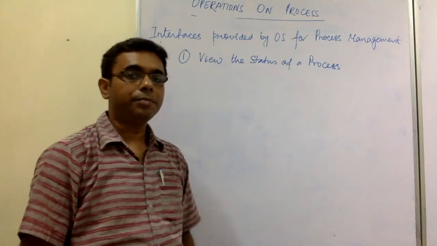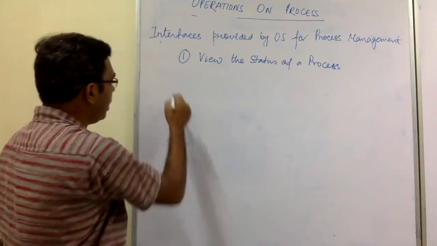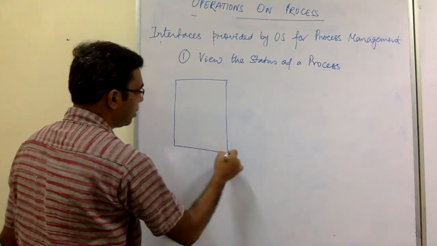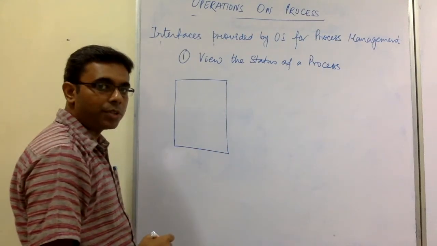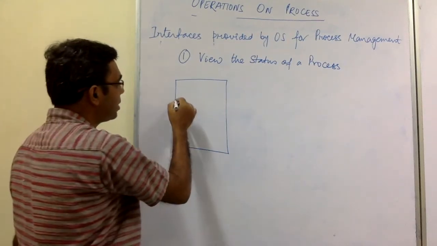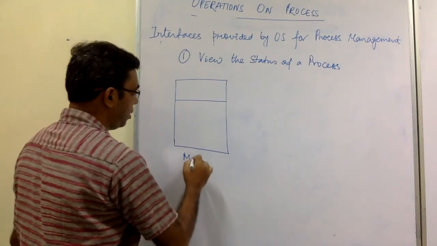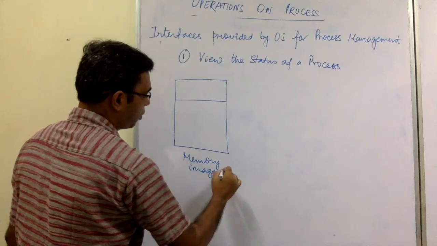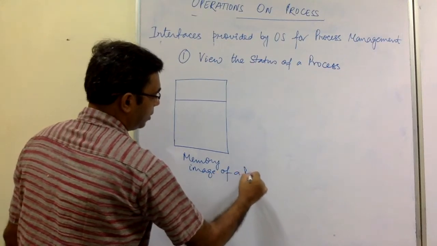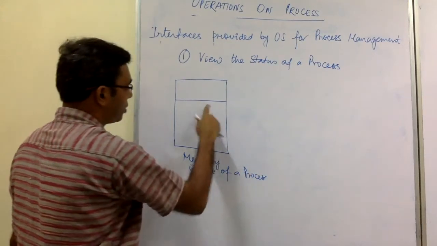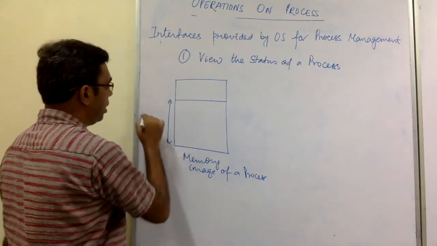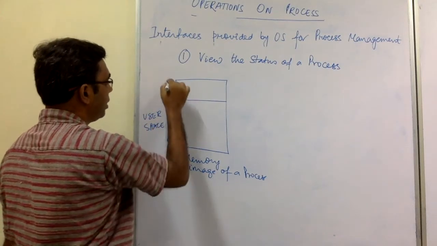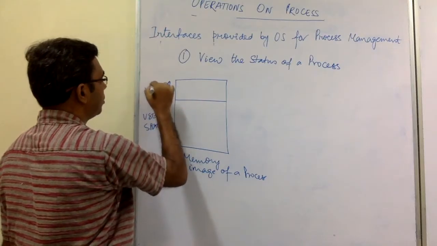Now we know that whenever a process gets created, there is an address space which is allocated to it. If you remember, this is the memory image of a process. Some portion of this process is executed in the user space, and some of that is in the kernel space.